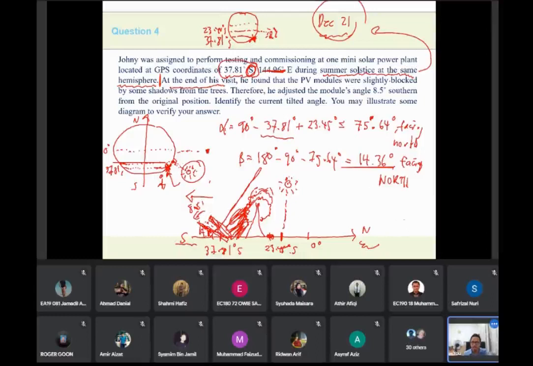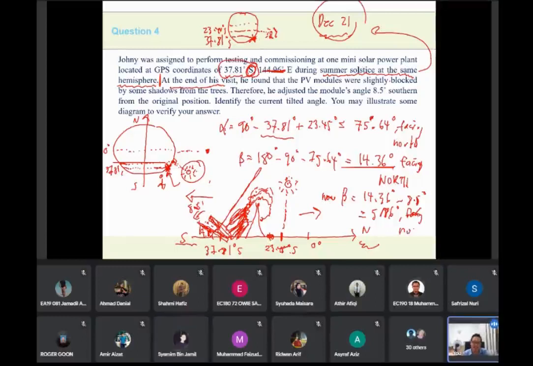So the answer is the current triangle, the new triangle: 14.36 minus 8.5. How much is it? 5.86, facing to the north.